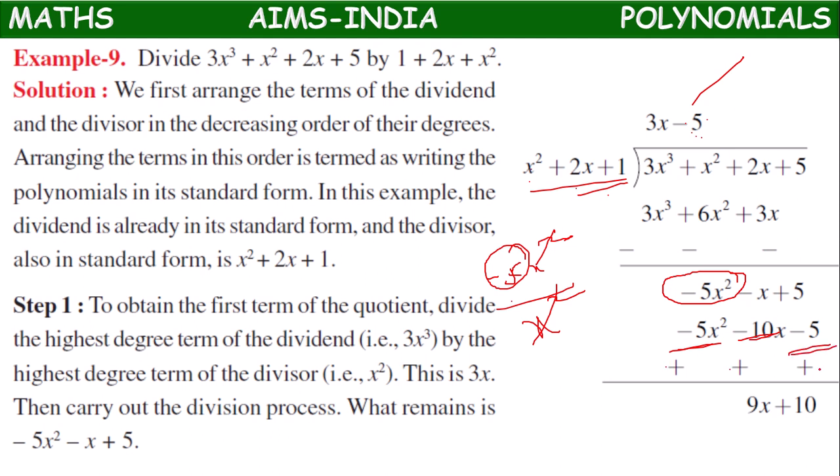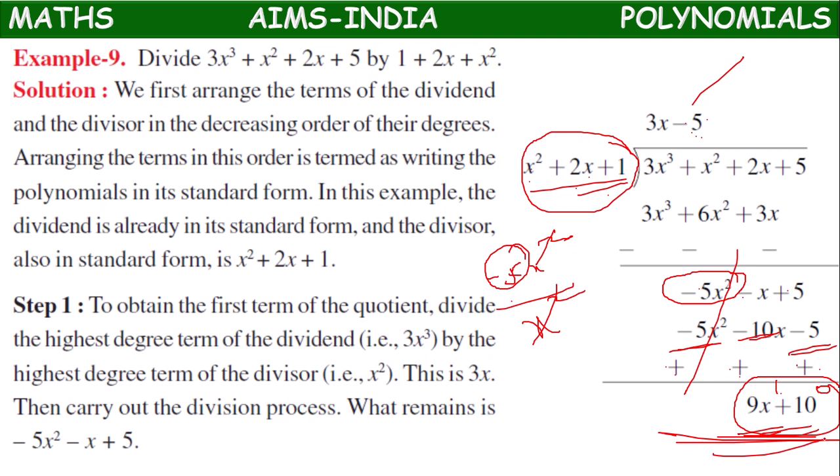After changing the signs, minus 5x square plus 5x square cancels, minus x plus 10x equals 9x, plus 5 equals 10. This is the remainder, whose degree is 1, which means the degree of the remainder is less than the degree of the divisor. So we can stop the division.